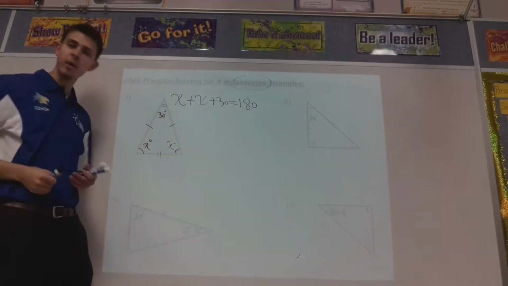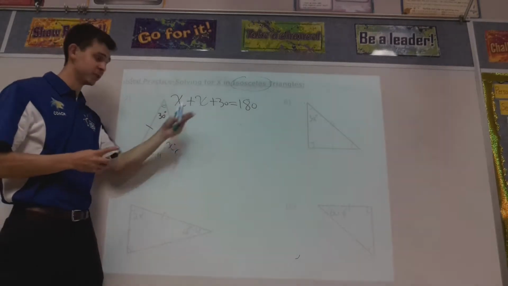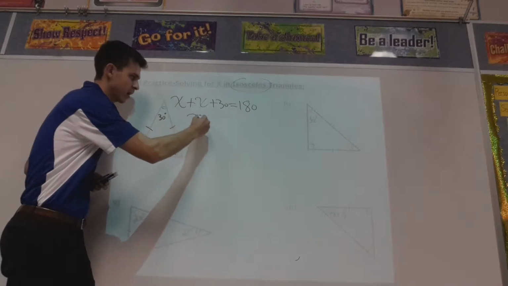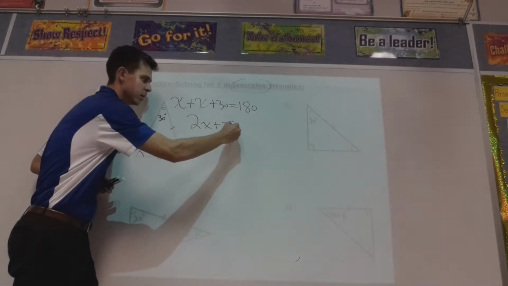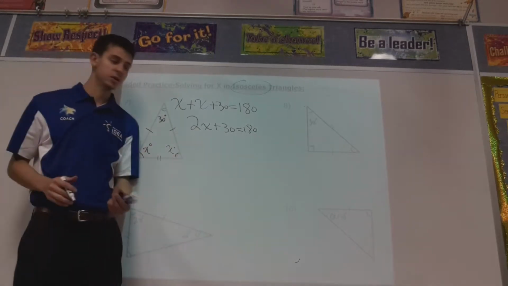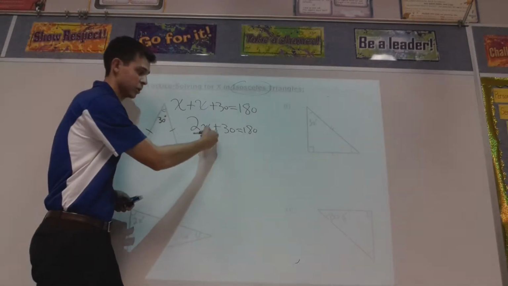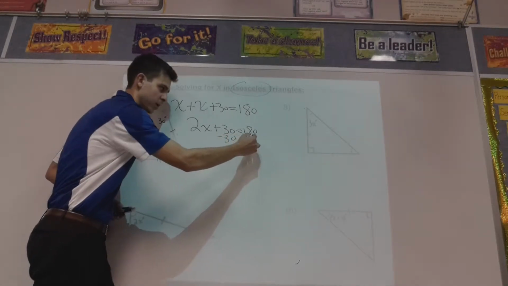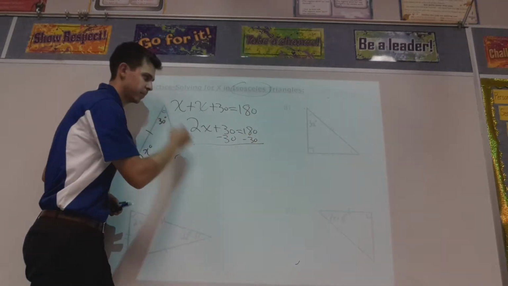Now, a simple combining like terms here, I know that x plus x, well there's two x's, so that gives me 2x plus 30 is equal to 180. Now it's a standard two-step equation. We're going to start with the subtraction or addition first. Subtract 30 from both sides.